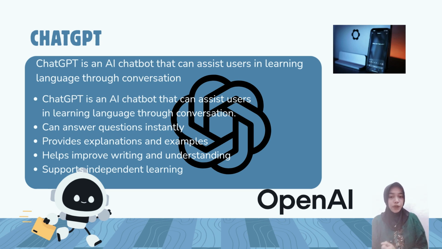This is very useful because students can learn anytime without waiting for the teacher. However, we also need to remember that answers are generated by AI. So we still need to check and think critically.